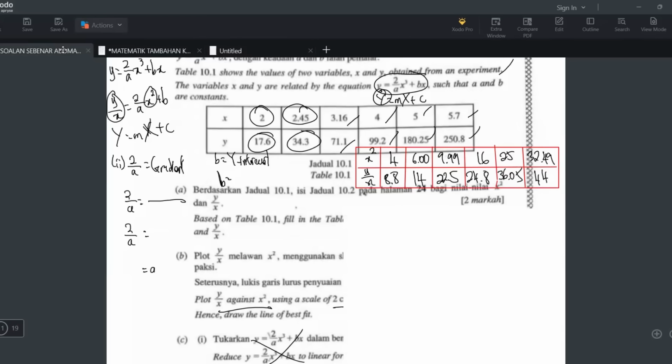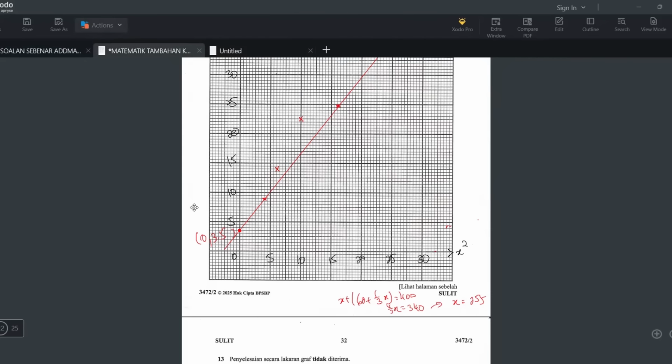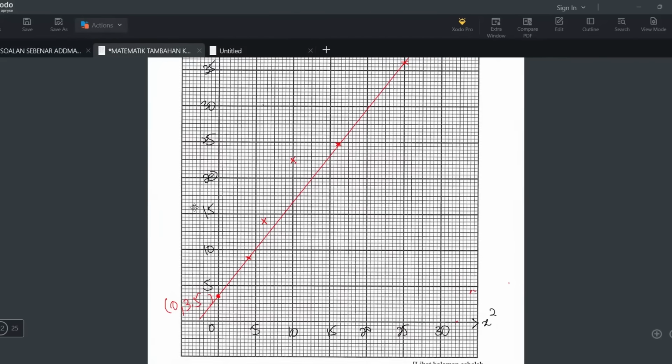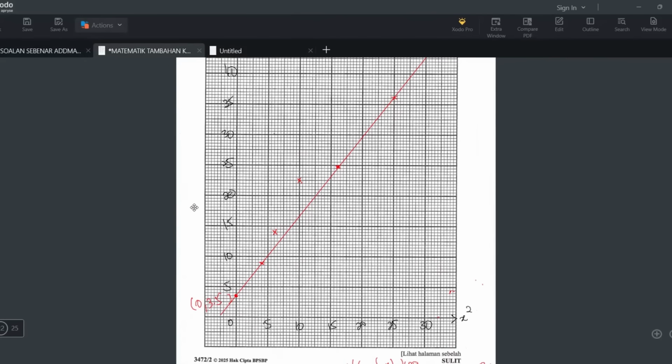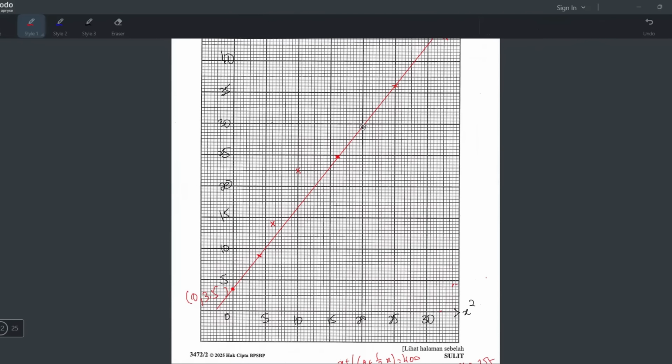Okay, so we know the B already is 3.5. Now 2 over A is the gradient. So for gradient, you need 2 points. I already have the first point, 0, 3.5. For other point, I can choose where? Okay, kalau saya choose 20. Ya, kenapa I choose 20? Because if I choose X 20, later when I do Y minus Y over X minus X, my X minus X will be 20 minus 0.